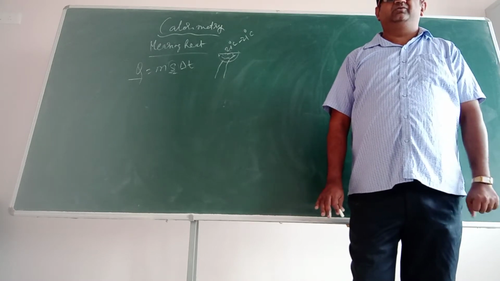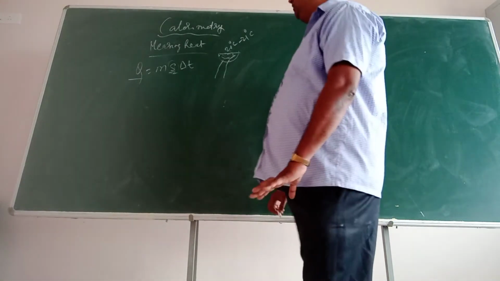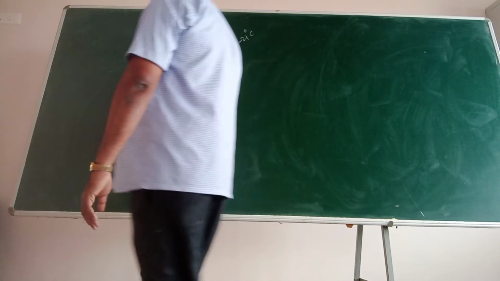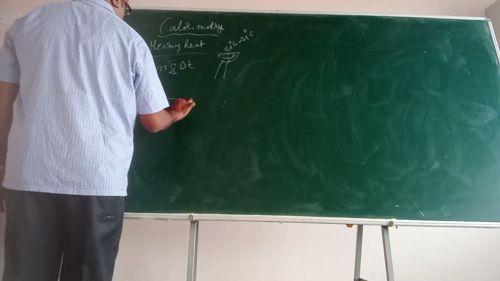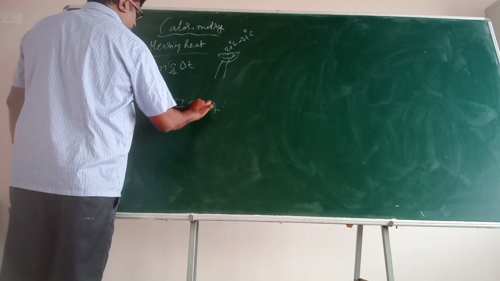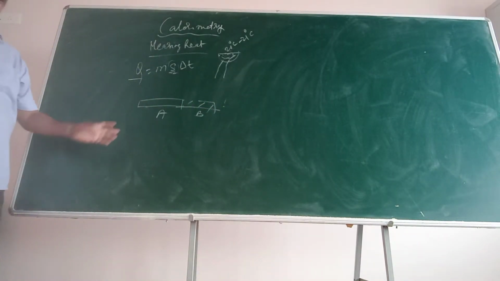So in calorimetry basically we use a concept: suppose you bring a hot object, let us say A, in contact with a little colder object B. What will happen? Heat will flow.